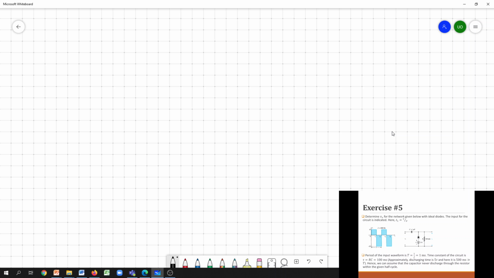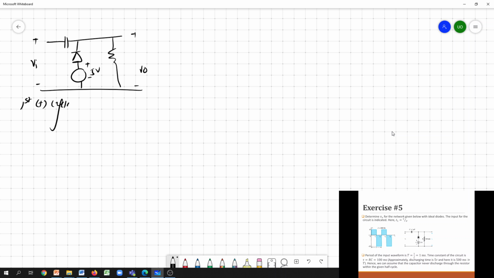If you want to evaluate the output voltage, we have a capacitor here, a resistor, a diode, and a source voltage. This is your output, this is your input. During this first positive cycle, what about V out?